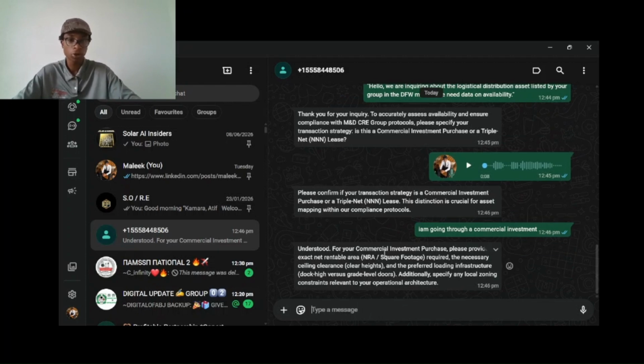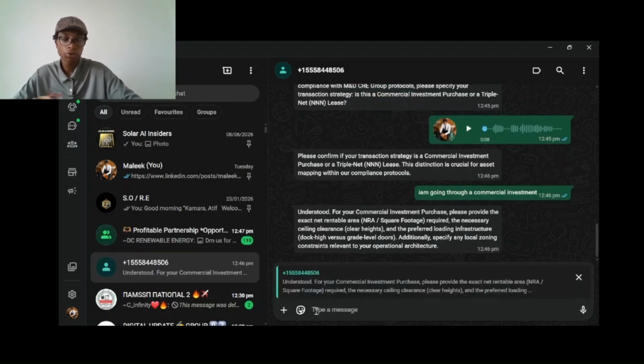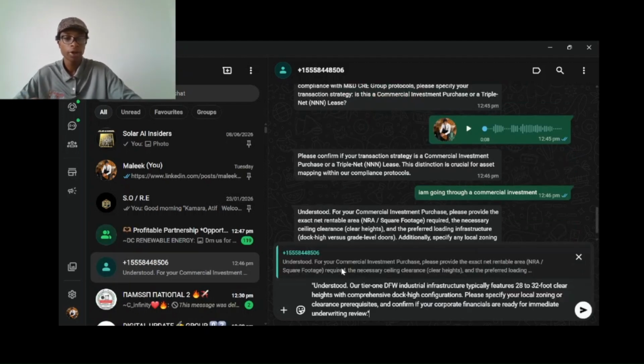Good. It says: understood. For your commercial investment purchase, please provide the exact net rentable area, NRA, square footage required, the necessary ceiling clearance, and the preferred loading infrastructure, dock-high versus grade-level doors, and any specific local zoning and constraints relevant to your operational architecture. So let's reply. I'm going to drop in every inquiry I've understood.